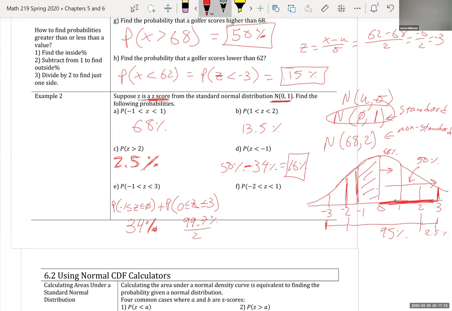I would divide by 2. 99.7 divided by 2 is 49.85%. If I add that to 34%, I get a total of 83.85%.